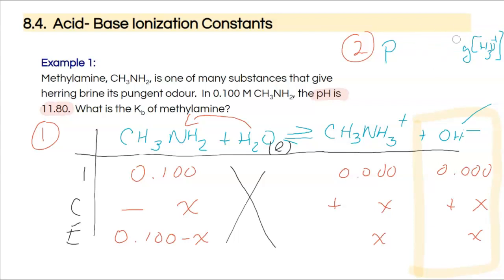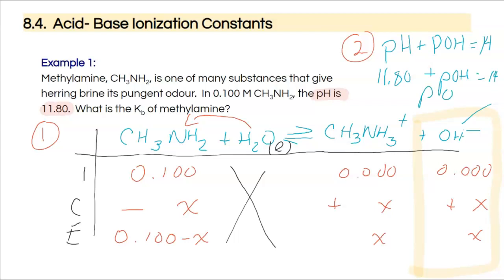And so I'm just going to start over here. I know that pH plus pOH equal 14. And so if I substitute in my known pH of 11.80, that will allow me to solve for my pOH.